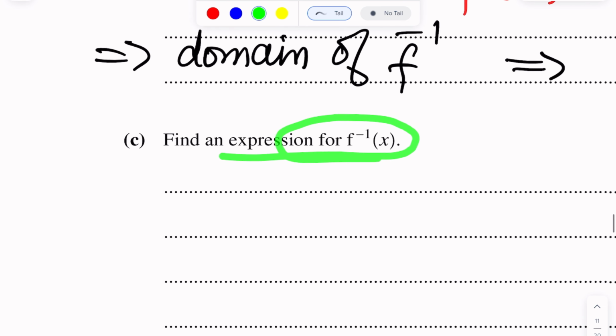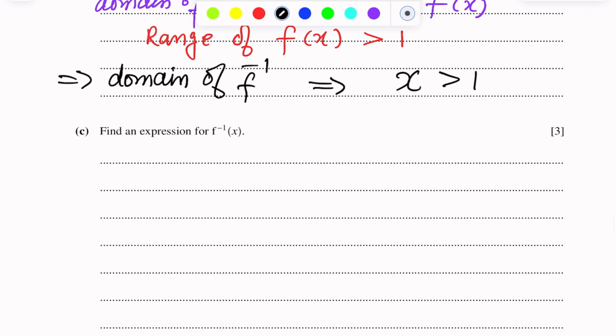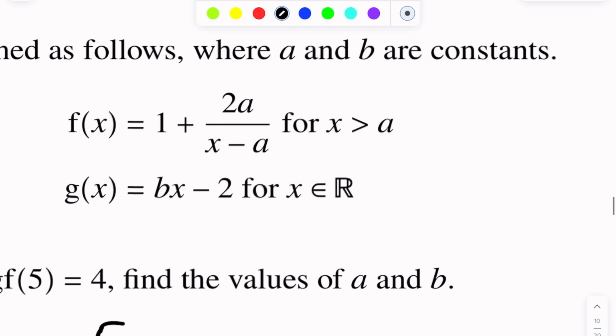So we are using here the process of inverse. First we write the function f(x). f(x) is equal to 1 plus 6 over x minus 3, because we have used the value of a, which is 3, in the original function.